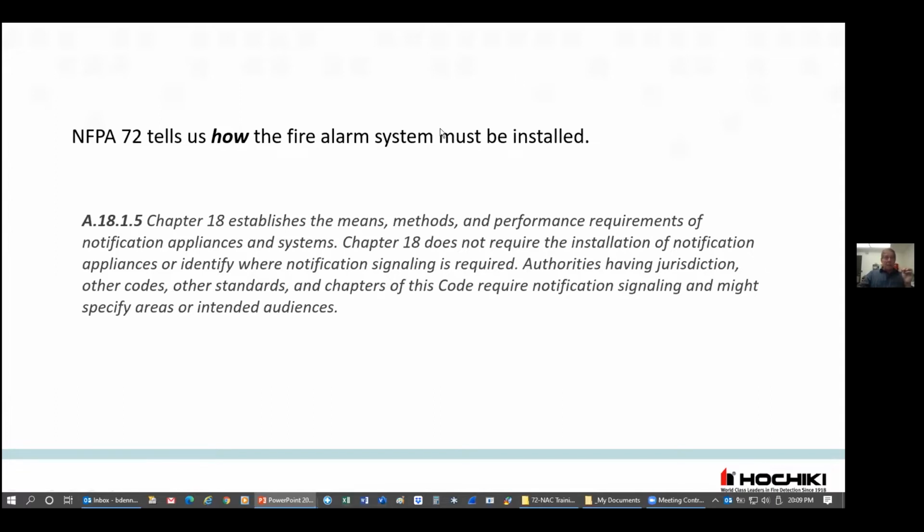But here it tells us that Chapter 19 establishes the means and the methods and the performance requirements, but it does not require the installation of notification appliances. It's the building code that tells us when they're needed. NFPA 72 tells us how they must be installed and how they must perform.